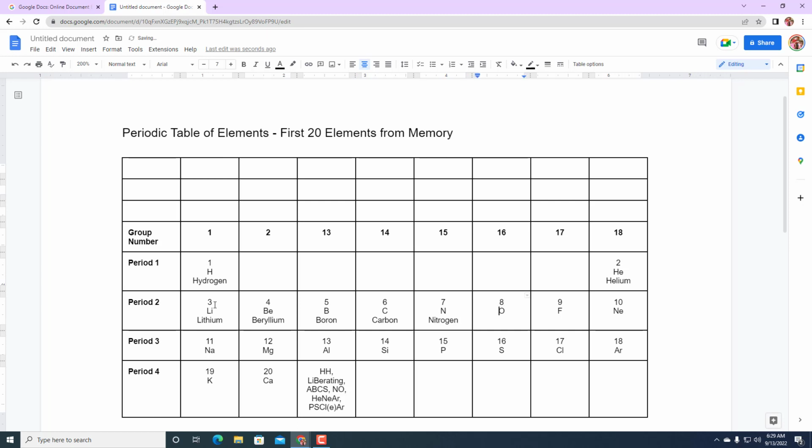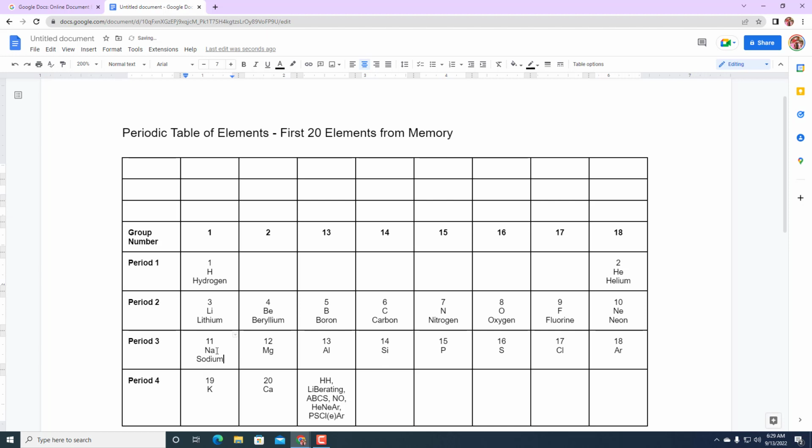Nitrogen, oxygen, and then the original hydrogen are all very similar. Fluorine is a halogen, which we'll learn about in a minute, but also is going to match up with chlorine down below it. And then neon, we see that ON ending again. And what you're going to figure out is there are just not a ton of different endings.